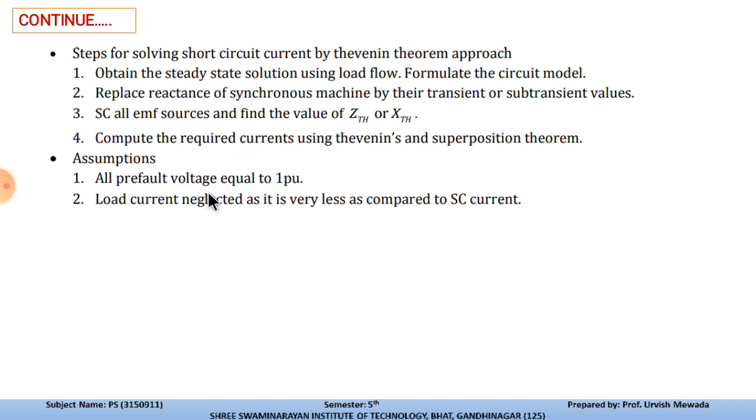The first assumption that we made is that all pre-fault voltages are equal to 1 pu, and the second is that the load current is neglected, as it is very small compared to the short circuit current. So these two are the assumptions made at the time of solving the short circuit current of the synchronous machine at the time of fault.